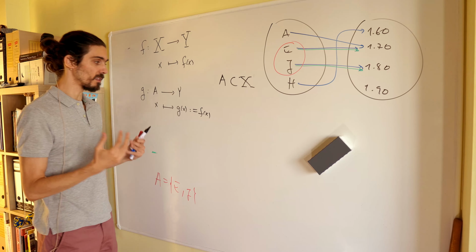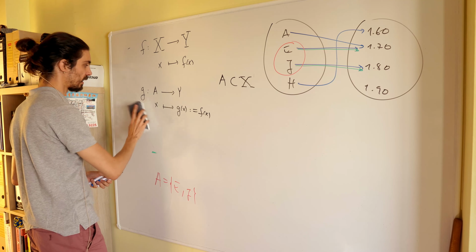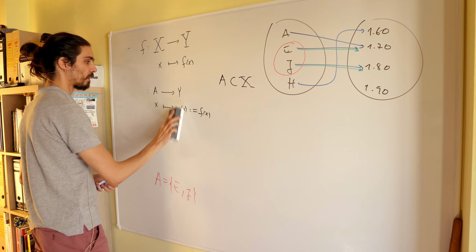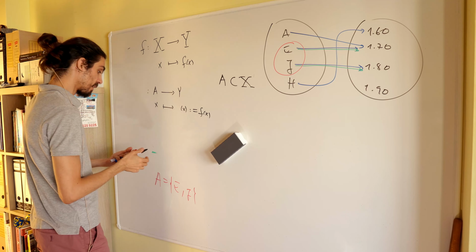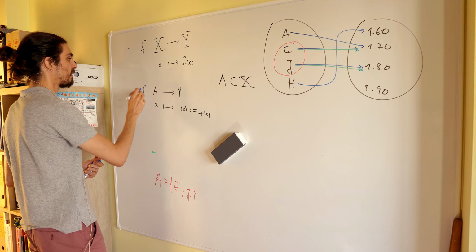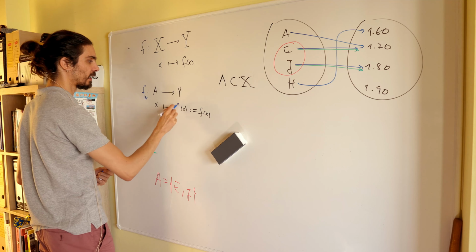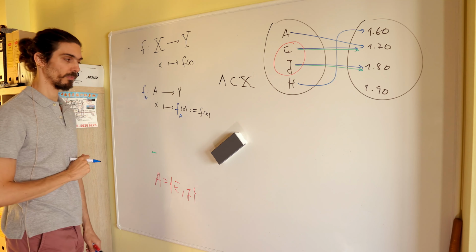To emphasize this idea, I'm going to instead call this function, instead of g, let me give it a special symbol to remind us of the fact that this thing, this g, is like f, but with domain A. It's like f, but with domain A. Okay?